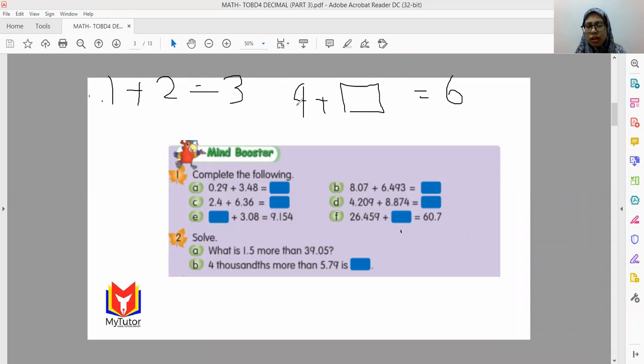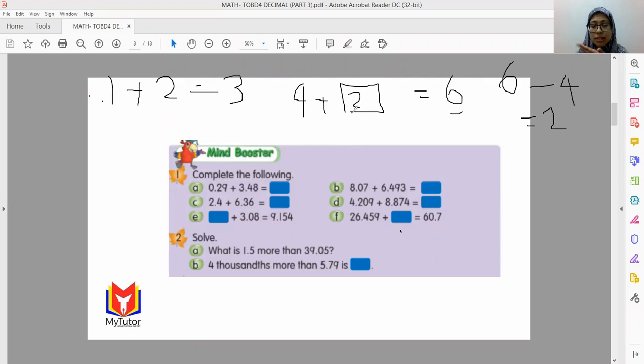You have 4, and then you are adding a certain number and you get 6. 2. So 4 plus 2 is 6. So how do you get 2? One of the ways is that you minus 6 with 4. 6 minus 4, you get 2. That's one of the ways.